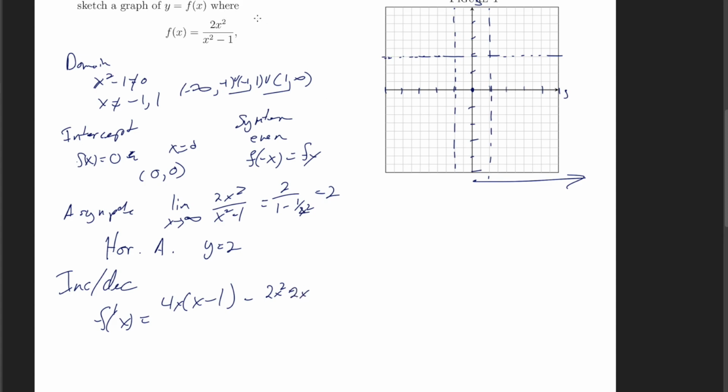So this is my f and my g. It's f prime g minus f g prime, all over g squared, so x squared minus 1 squared. We simplify that and we get minus 4x over x squared minus 1 squared.